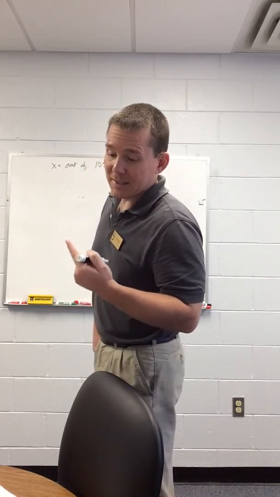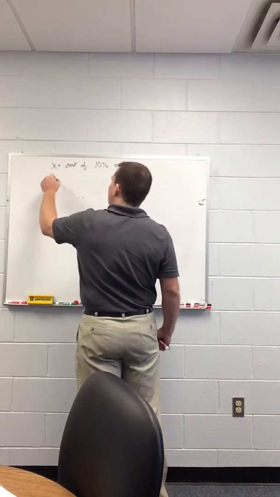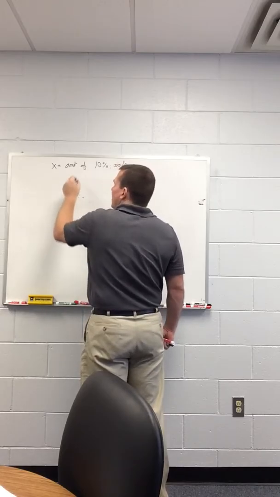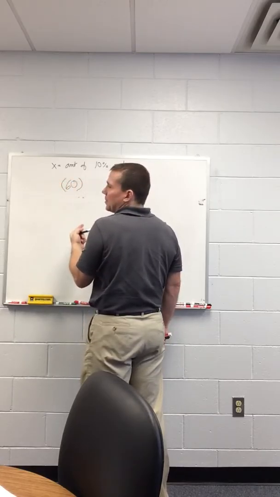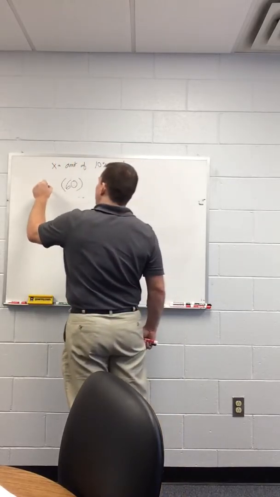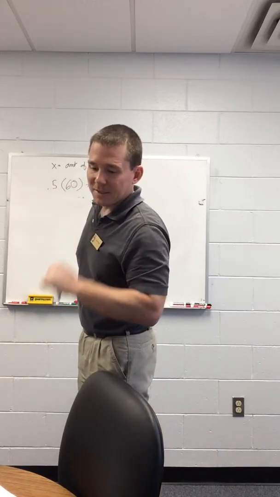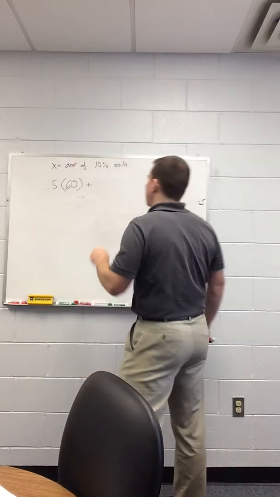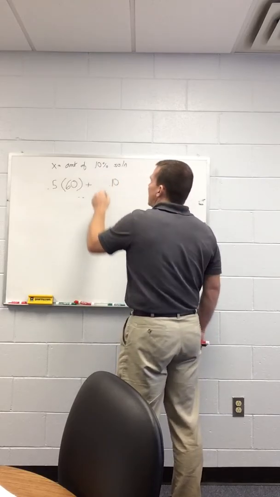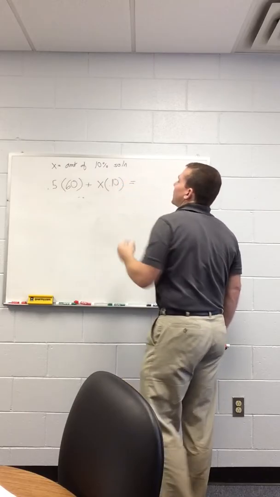A nurse mixes 60 cc's of a 50% saline solution. So 60 cc's, that's your principal from the last problem, if you want to view it that way, times your rate, that's a 50% solution, so 0.5, plus the saline from the second solution, that's a 10% solution, 0.10, times the amount, the principal of that, well, that's my x.